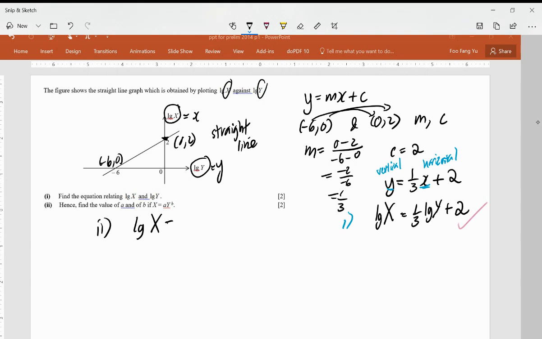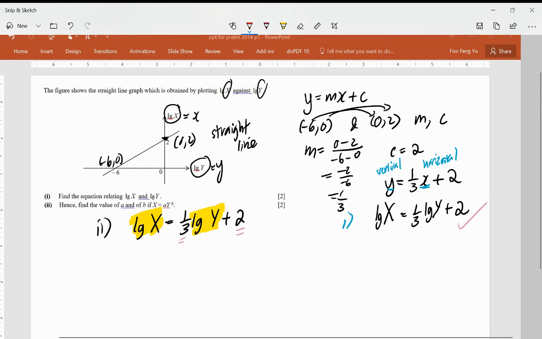So I start with the original equation. The first thing I need to do is to go backwards. Right now this is a linear form, as in there are two variables and there's a gradient and a c. To go backwards, what I need to do is to consider placing 1/3 on top.